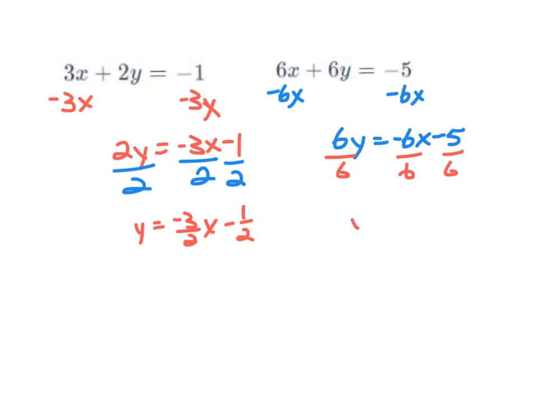So our equation becomes y equals negative x minus 5/6. Well, you can see that they have different slopes. We have a negative 3/2 or negative 1 1/2 slope, and this is a negative 1 slope. So obviously these are going to intersect, and you're going to have one solution.